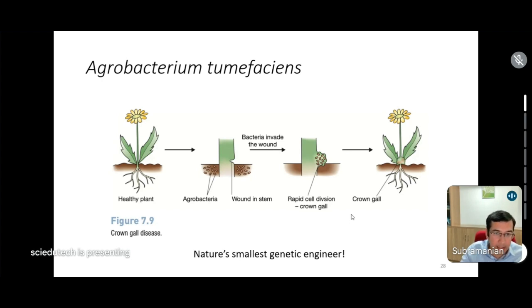A rapidly dividing tissue looks like a tumor of the plant, and you must have observed this crown gall in gardens. This is because of the bacterium Agrobacterium. Scientists have developed clever ways to use this bacterium to introduce their gene of interest into the plant. We'll see how. Next slide, please.